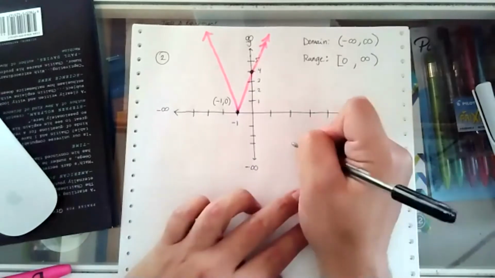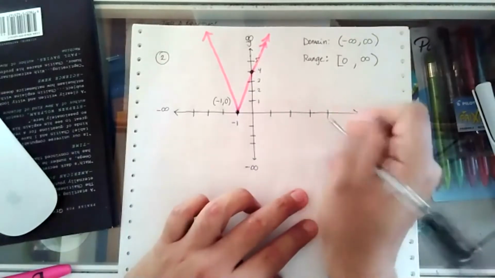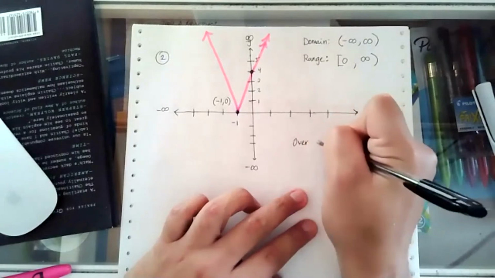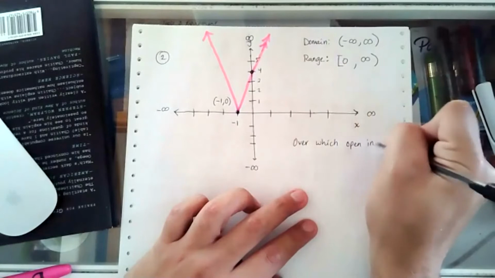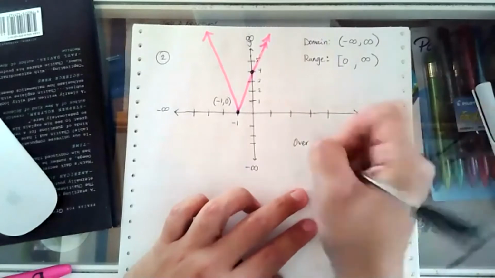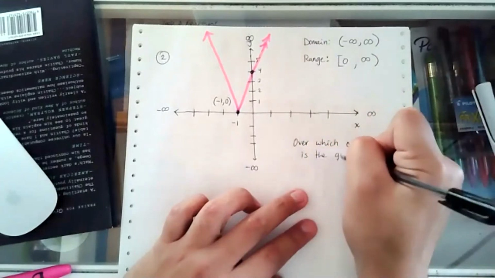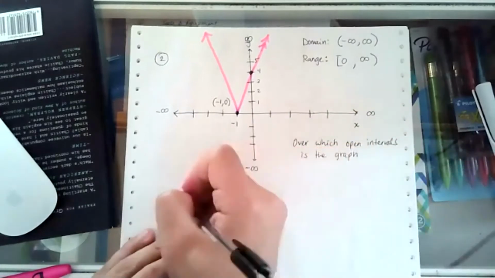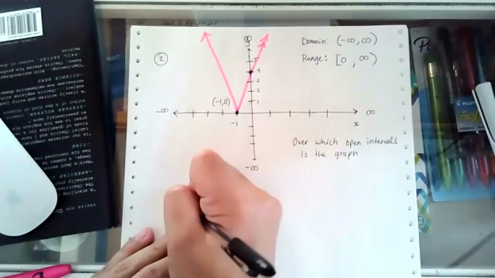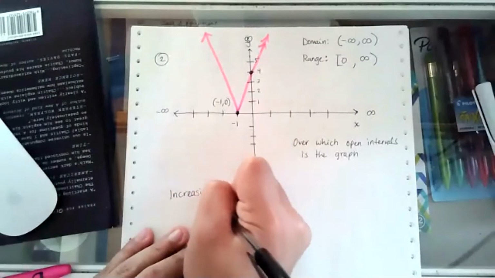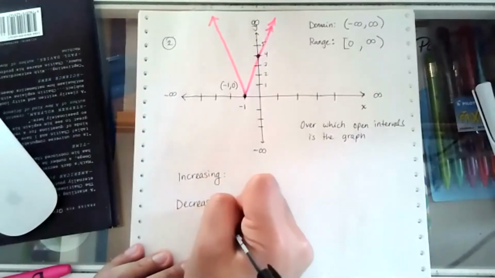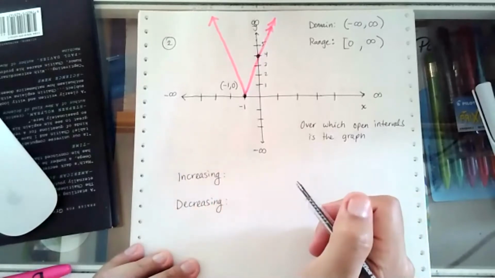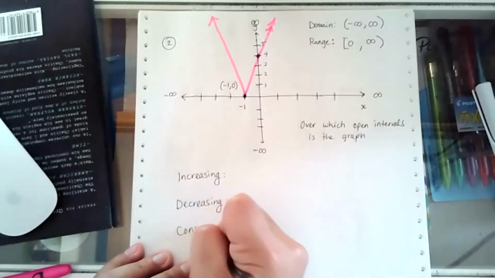Now, if I asked you over which open intervals is the graph increasing, decreasing, or constant?